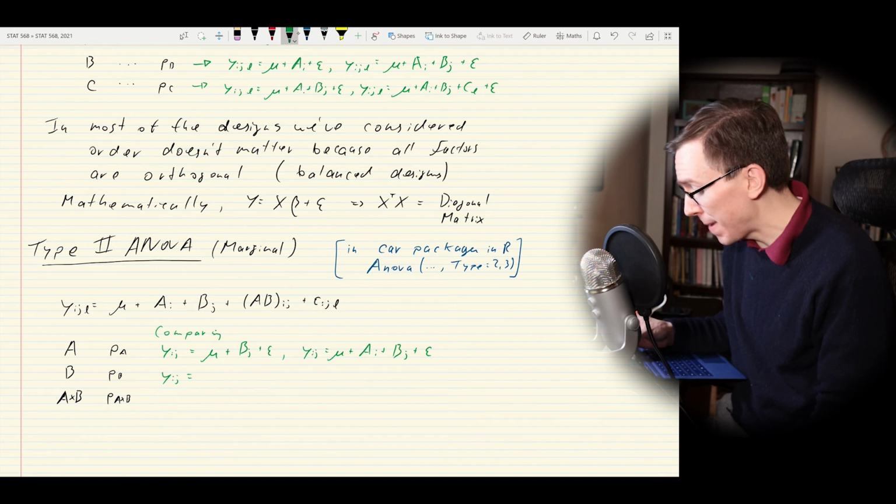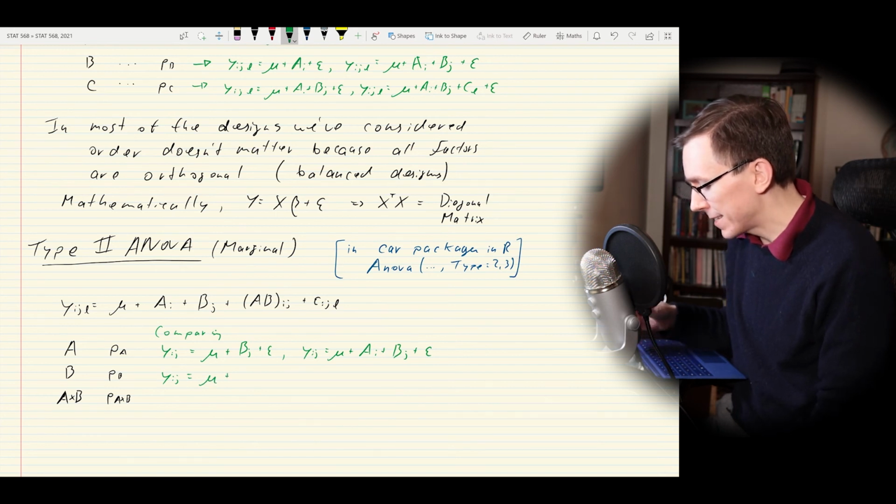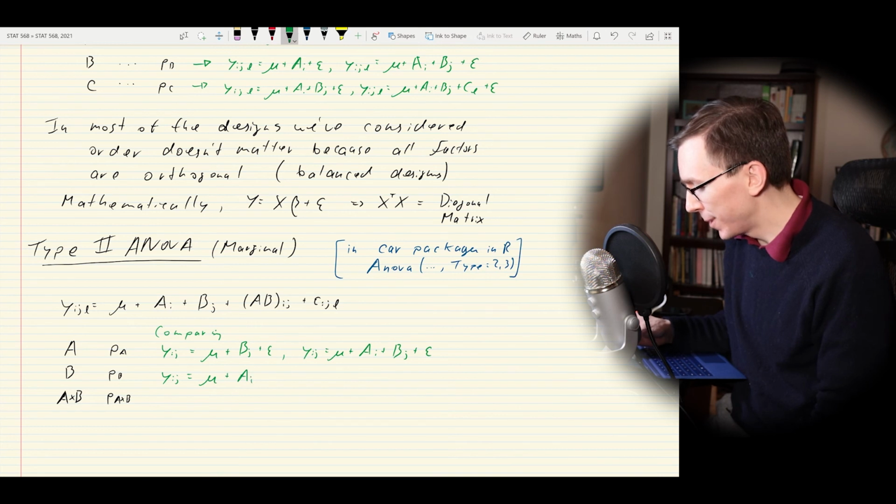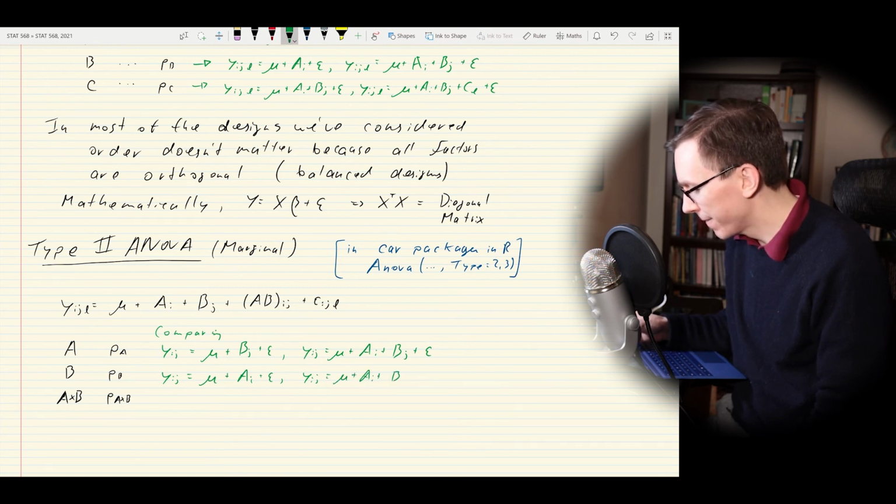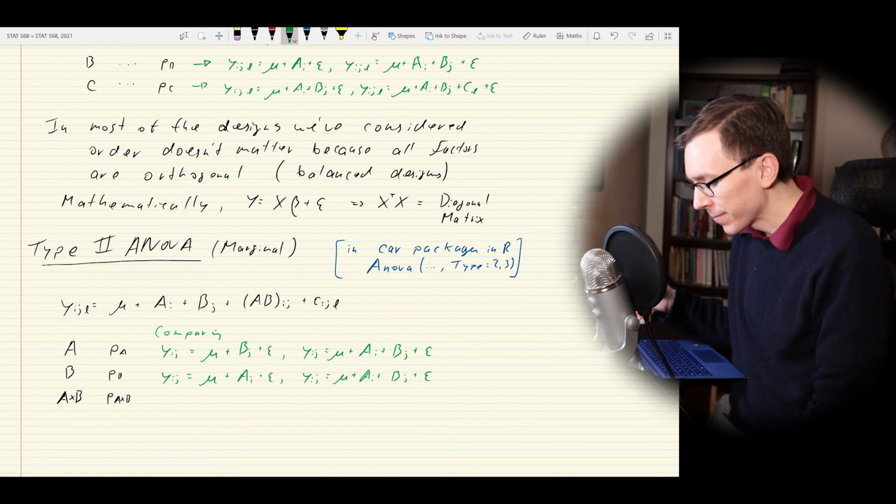Similarly, and kind of symmetrically, if I were to test this next row, I'm considering the model with Ai already in it, and comparing it to the model with both Ai and Bj inside the model.